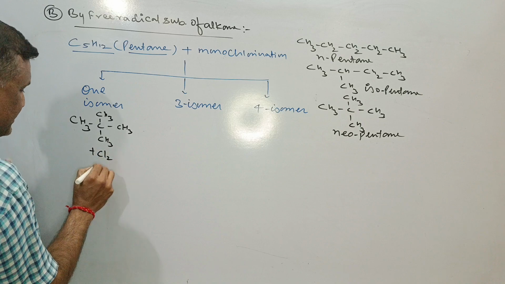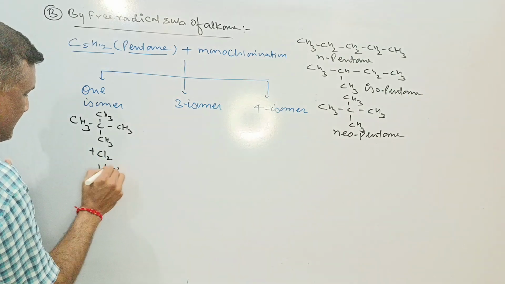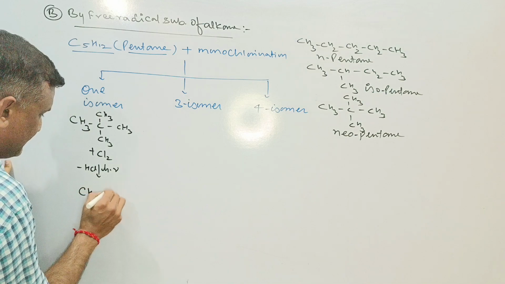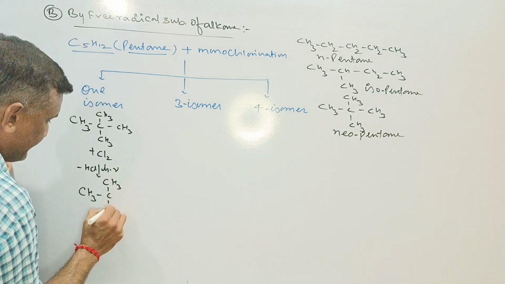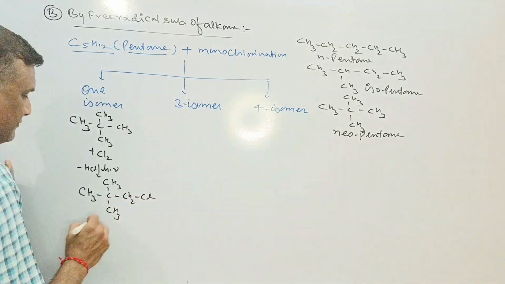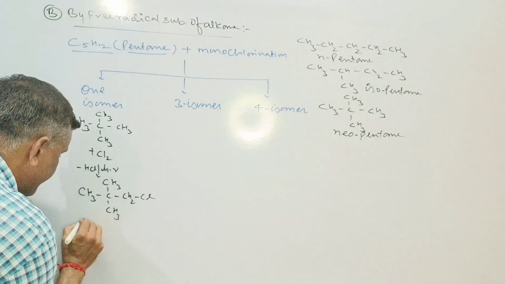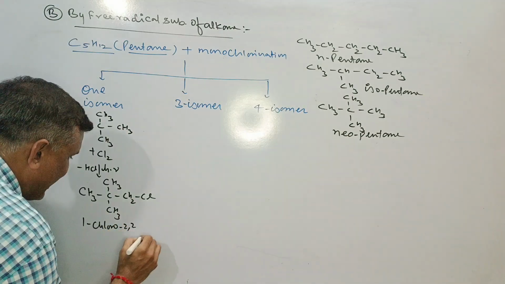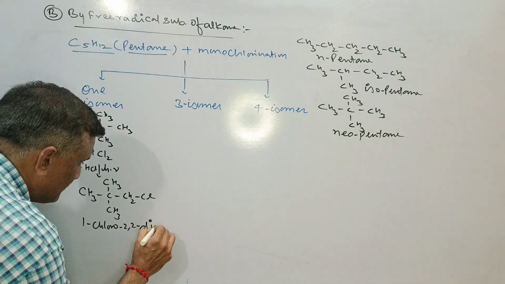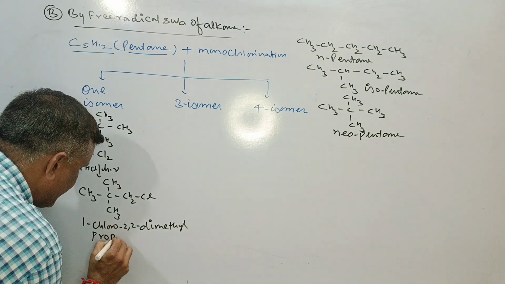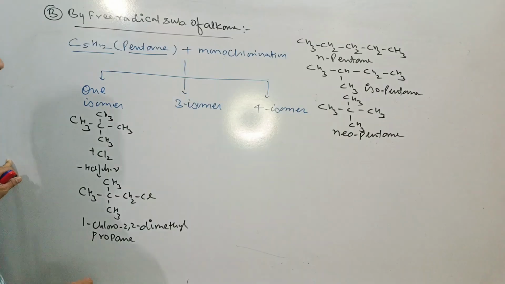So on chlorination, there will be formation of only one isomer, that is CH3 C CH3 with CH3 and CH2Cl. You can call it 1-chloro-2,2-dimethylpropane, which is the first isomer, the one isomer.